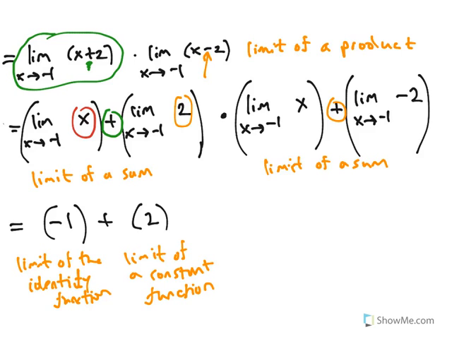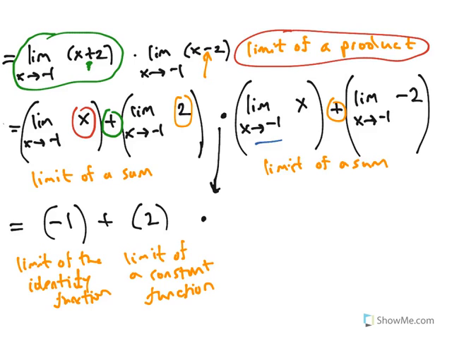and then you have times this product, because originally we began with using the limit of a product, so you have that product there. And then here again, what is this? This is the limit of the identity function. So the limit of x as x approaches -1 would be -1, and then plus the limit of a constant function once again.